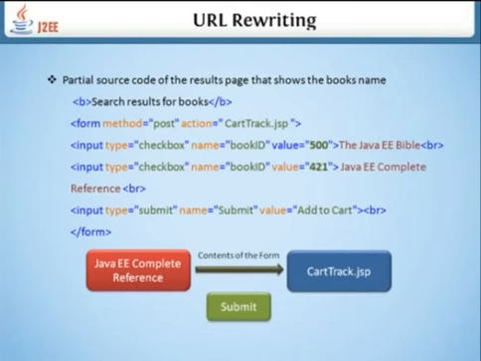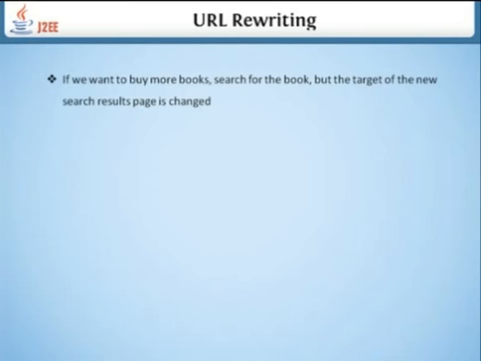Content from the form goes to the cart track JSP page. If you want to buy more books, search for the book, but the target of the new search result page is changed.